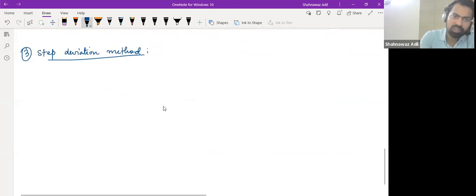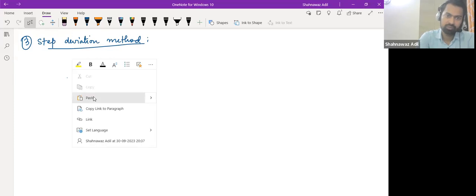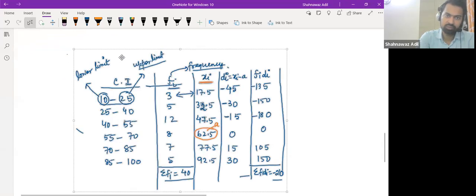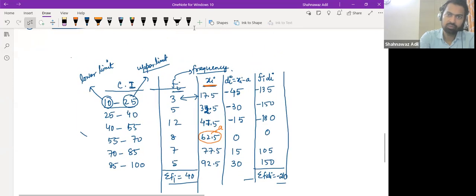So what do we do in the step deviation method? So we make another table, right?